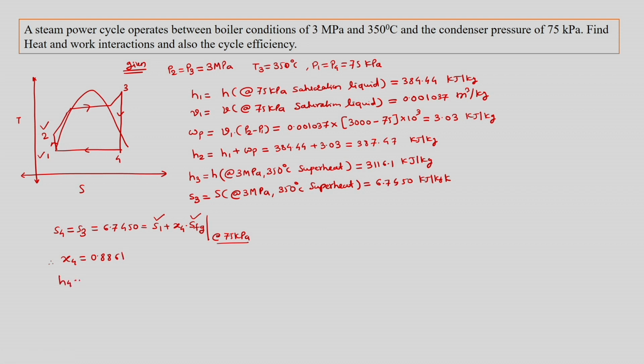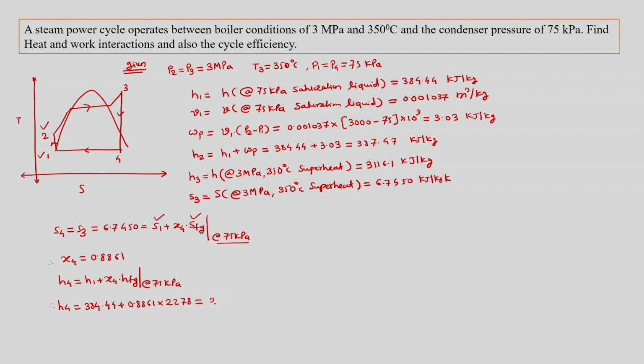Knowing this, we can find out H4, which is H1 plus X4 into HFG at 75 kilopascal. So we first know H1, which is 384.44, plus X4 is 0.8861, and HFG would be known to us from the steam table, it is 2278.